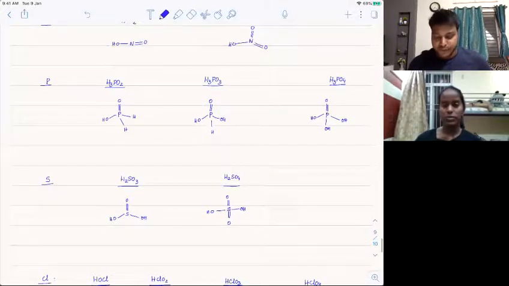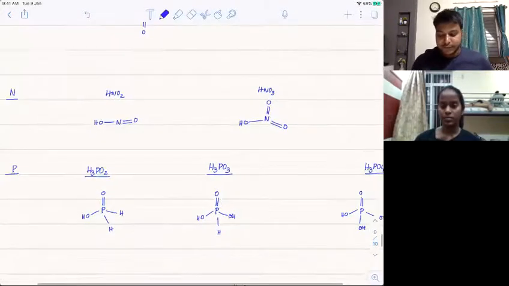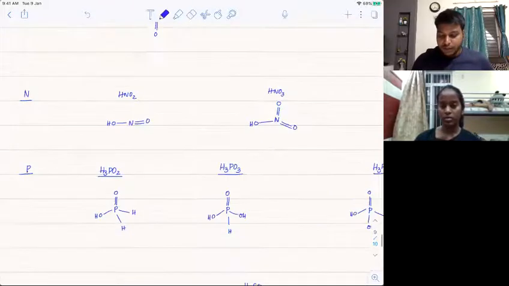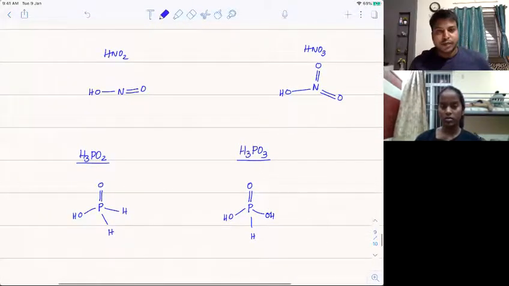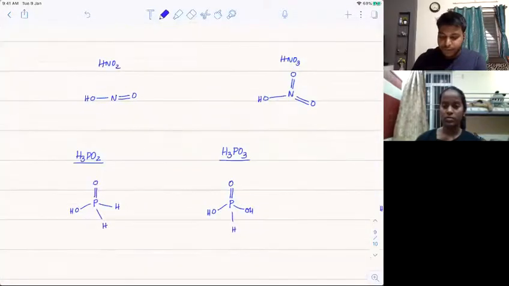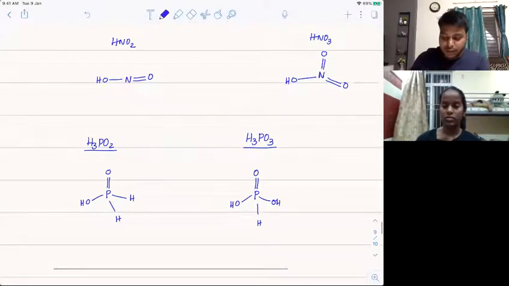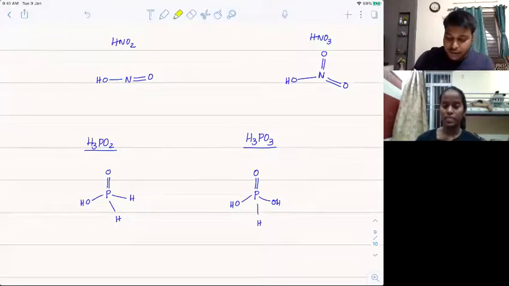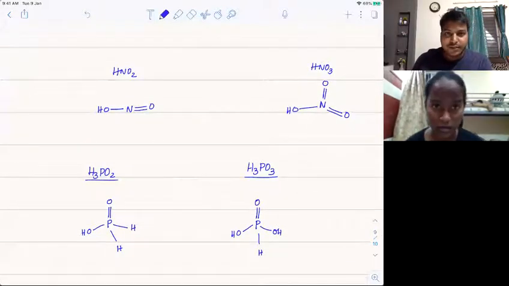Now let's see the first one. When it comes to nitrogen, you only have to check the number of bonds it has with oxygen. Check out the valencies.